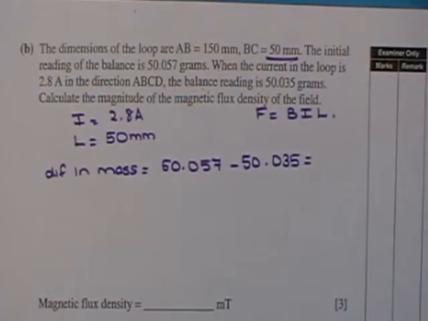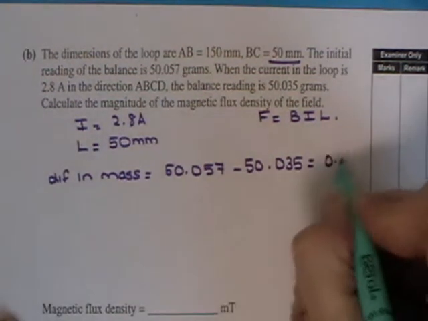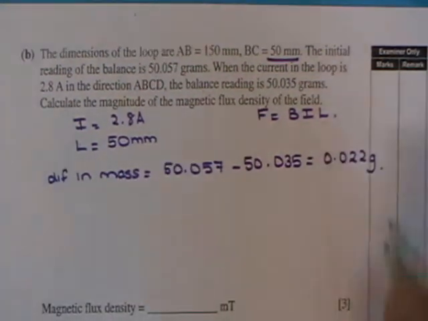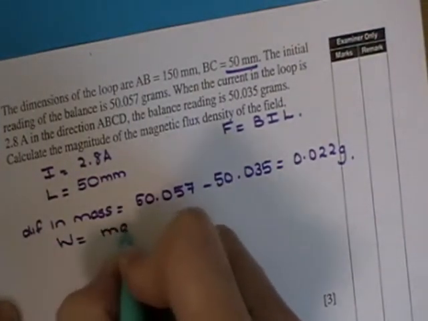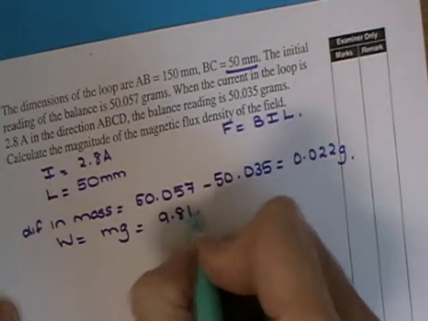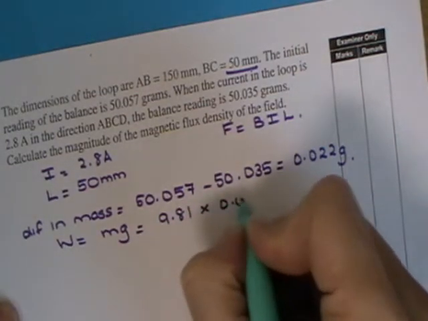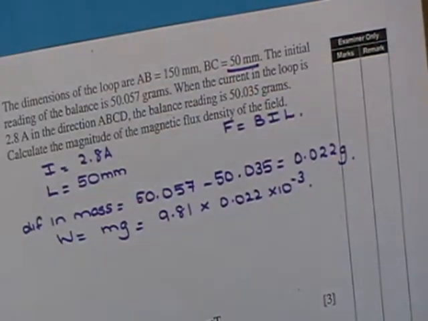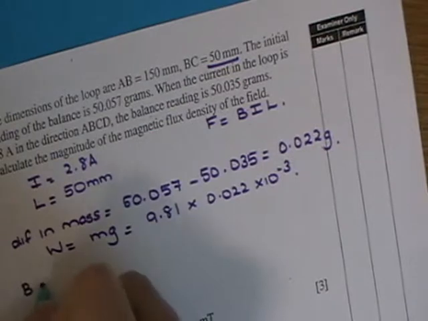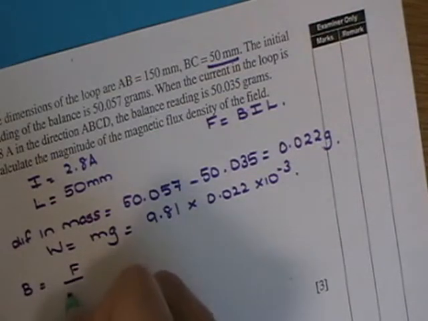I'll just do that in the calculator here very quickly. 50.057 minus 50.035 is 0.022 grams. But you have to convert that into a weight. So W equals mg, and it has to be in kilograms. So it's 9.81 multiplied by 0.022 by 10 to the minus 3. And so that's the force. So B is equal to F over IL.